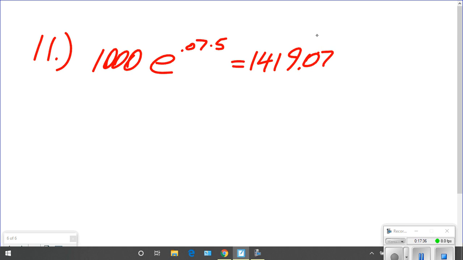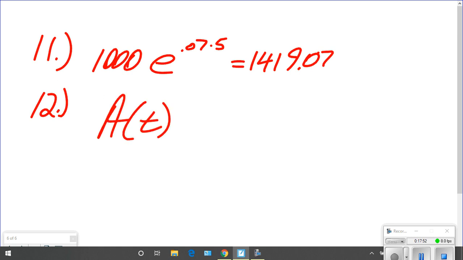There we go. And then number 12. Okay, a population of ladybugs rapidly multiplies so that the population T days from now is given with the formula A of T is the initial amount, and then it's E to the 0.01 times T. And T must be in days.